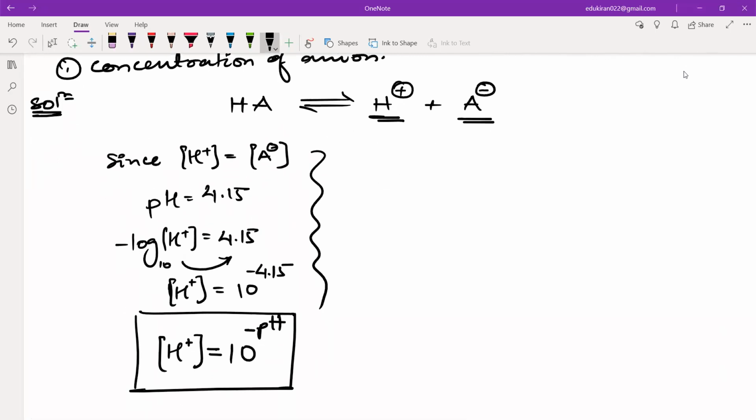The concentration of H plus will be equal to 10 to the power of 0.85 minus 5. Yes or no, guys?